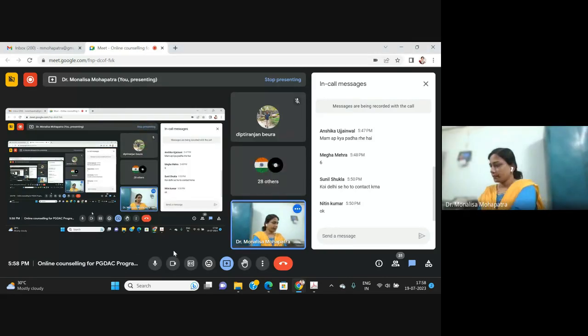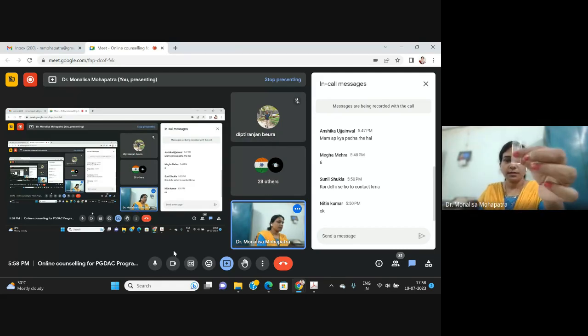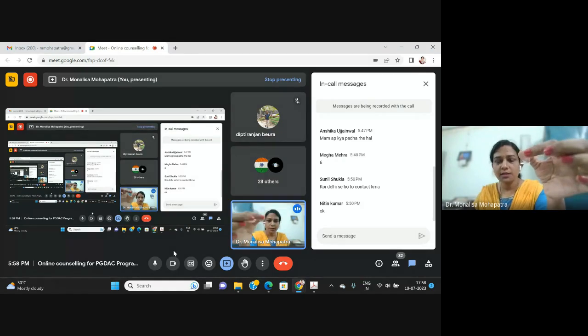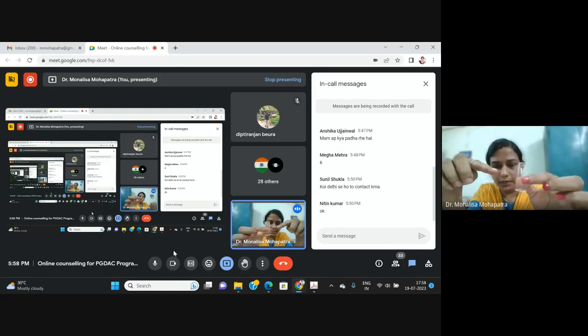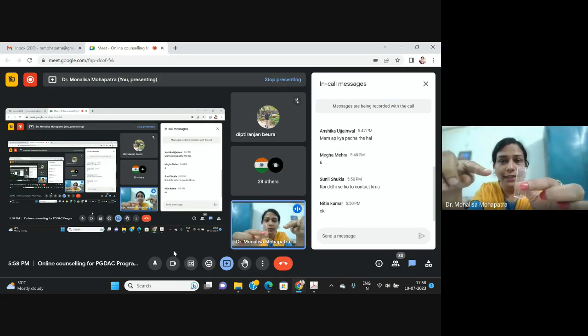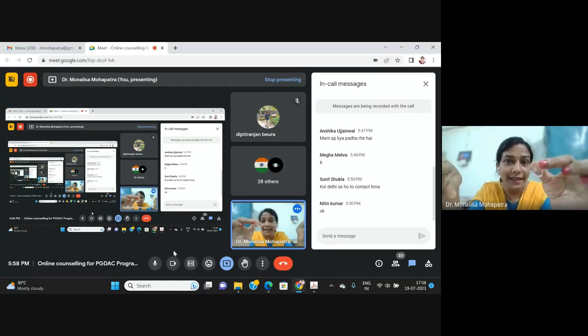See this one. Are you able to see this? This is the sample cuvette, where we take the liquid sample for studying UV visible or fluorescence, phosphorescence. This is a sample cuvette of 10 mm path length.